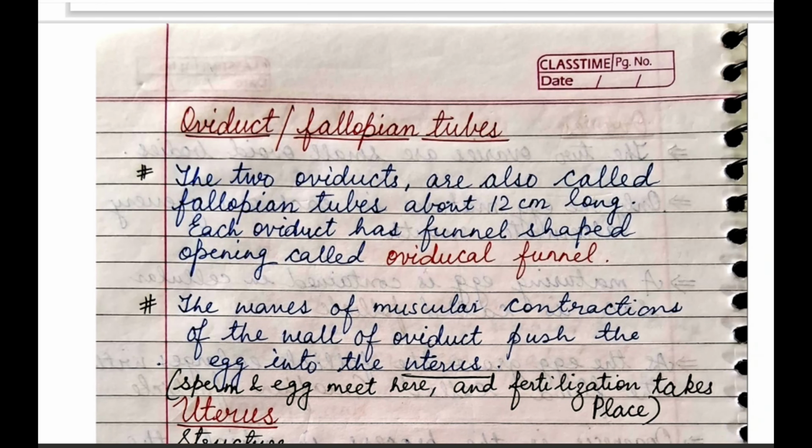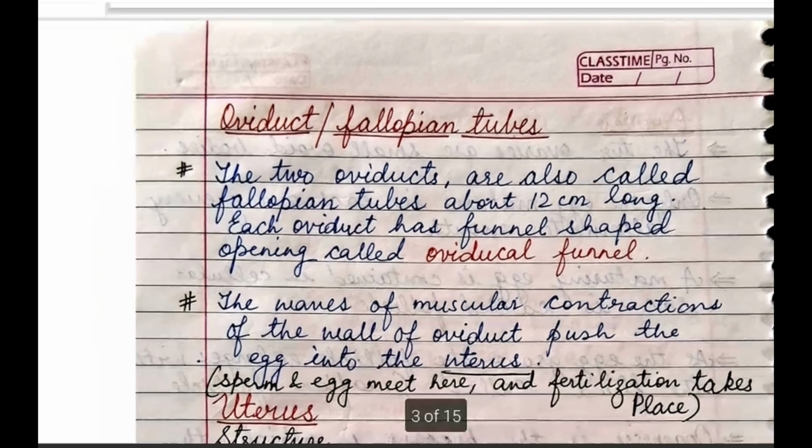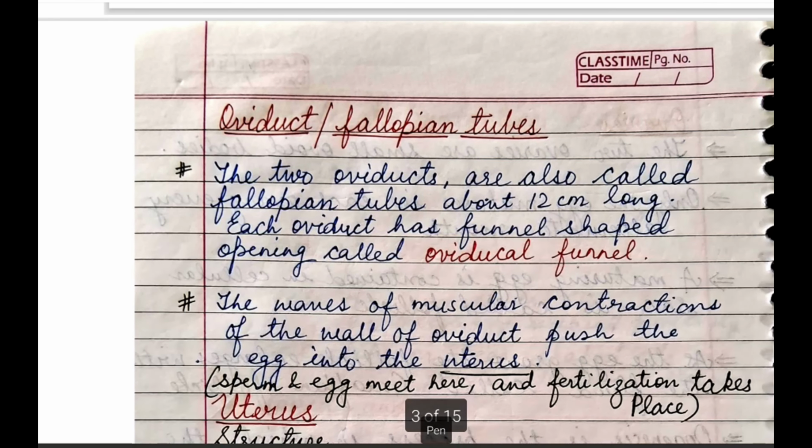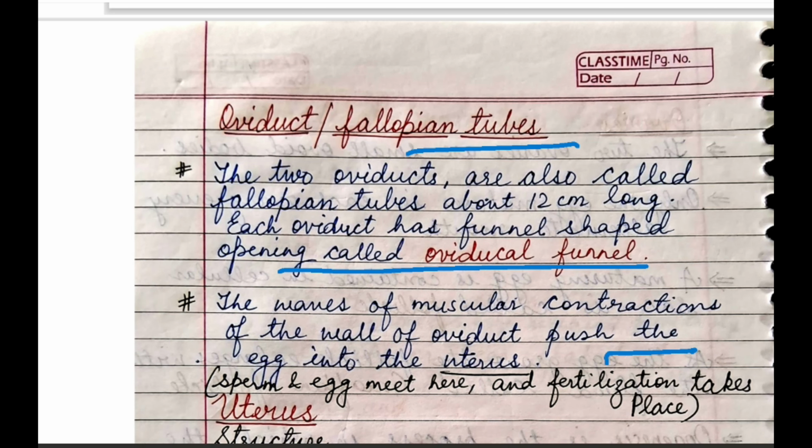Now the oviduct, the fallopian tubes. The oviducts are also called the fallopian tubes. About 12 centimeter long, the oviduct has a funnel shaped opening which is known as the oviductal funnel. The waves of muscular contraction of the wall of the oviduct push the egg toward the uterus, where the sperm and the egg meet and fertilization takes place.